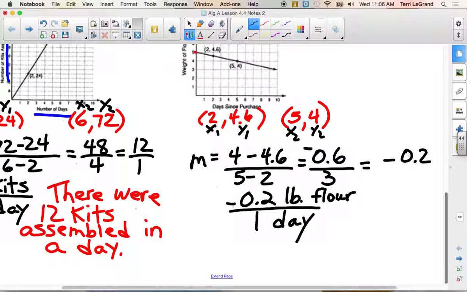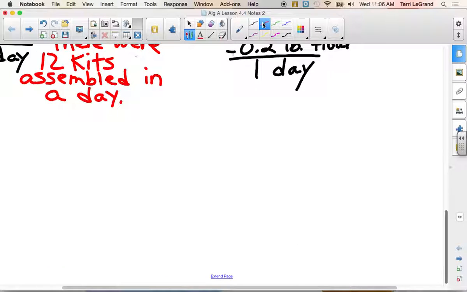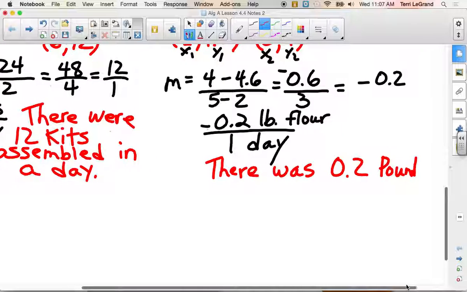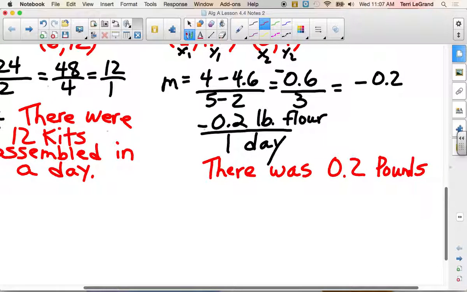Okay, let's write that out. So, that negative 0.2 used. Used means it's going down, isn't it? We're not adding 2/10 pound every day, we're using 2/10 pound. So we'll say there was, because I don't want to start with a number, 0 and 2/10 pounds, and we don't abbreviate in sentences. I am letting you use the numbers in sentences.